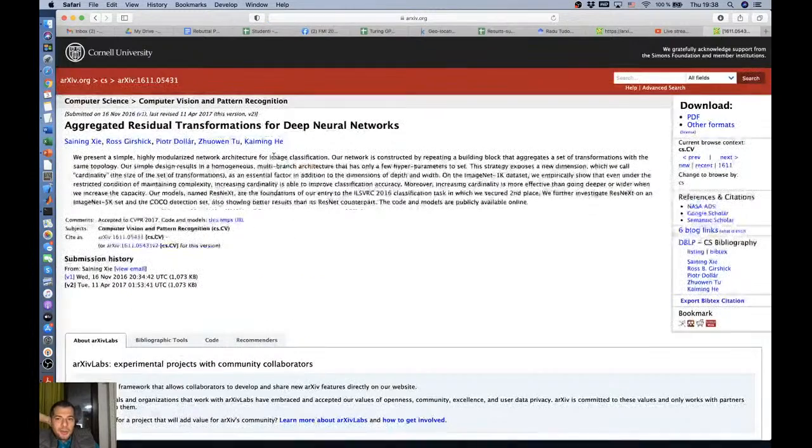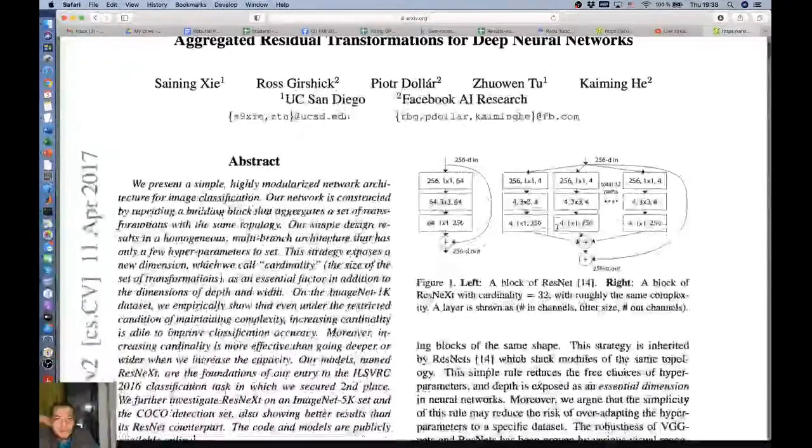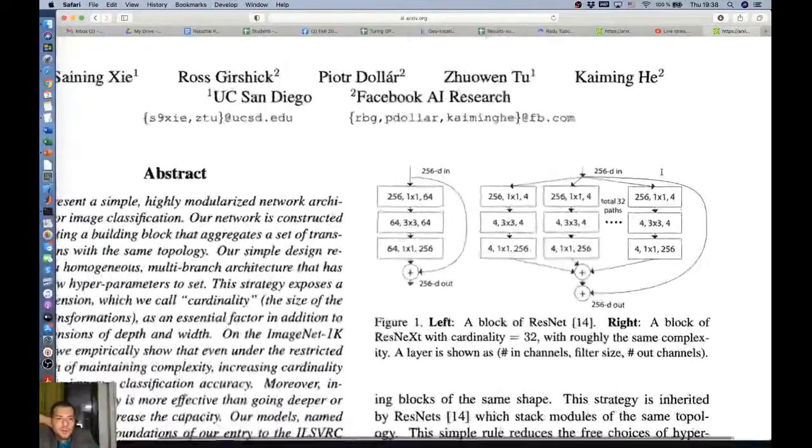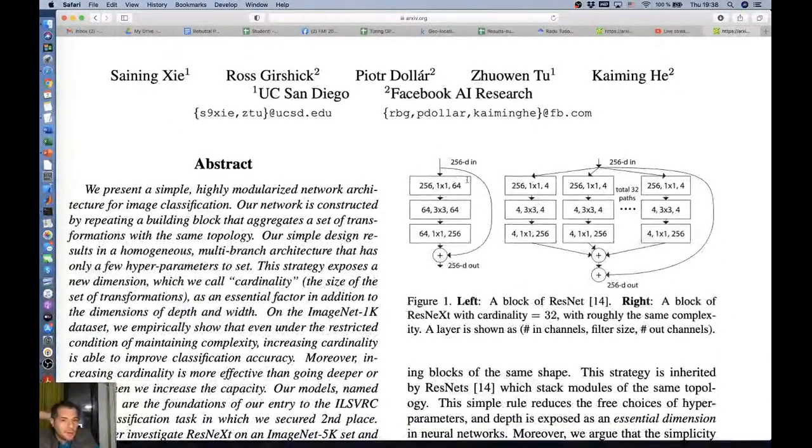And yeah, this is based on using alternative pathways, so it's similar to ResNet. So this is the module used in ResNext, and here they try to use this kind of inception model, but with a much larger number of pathways.